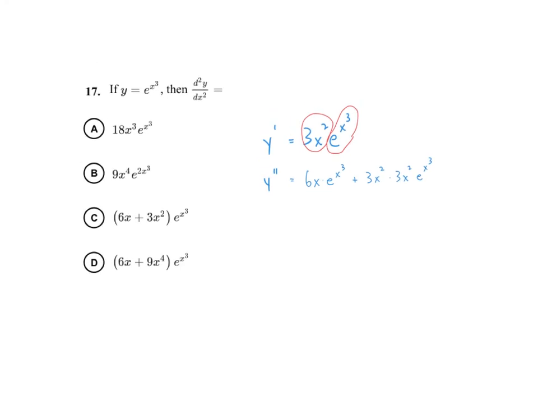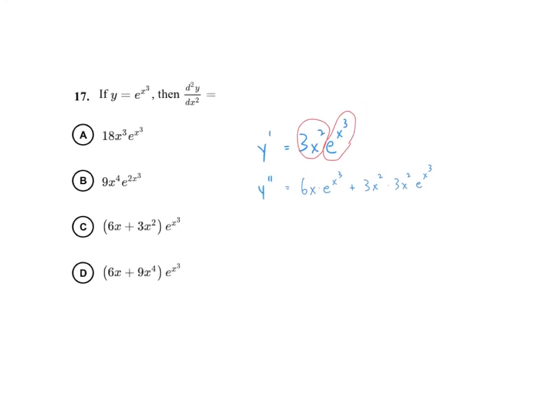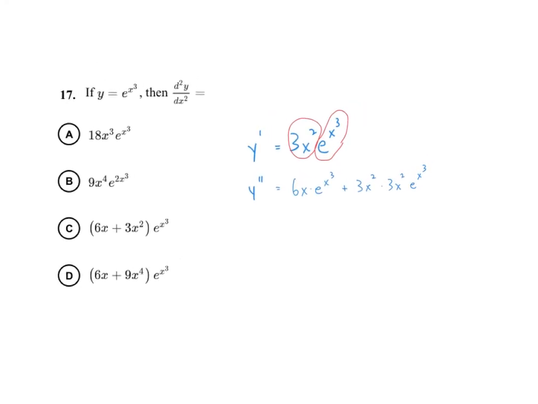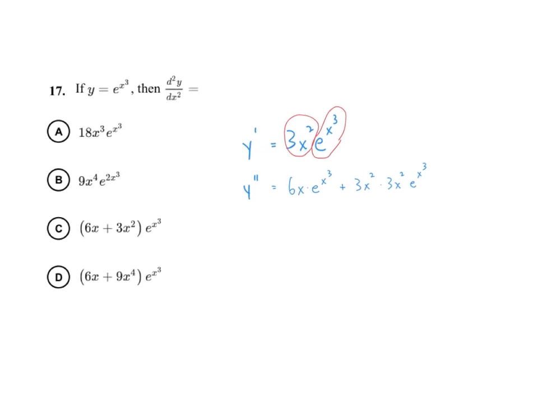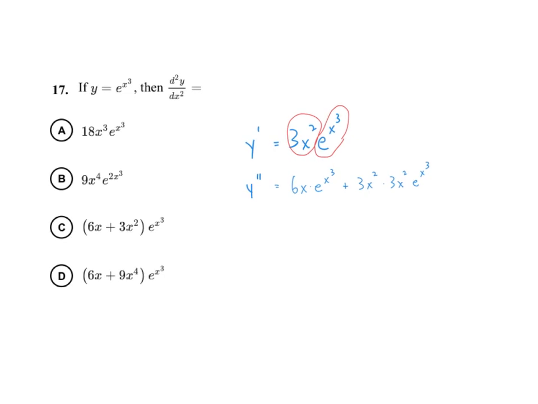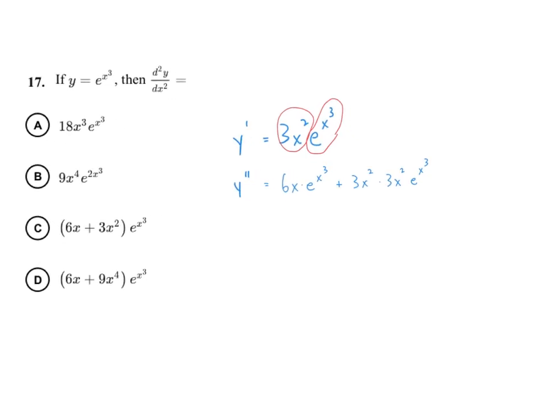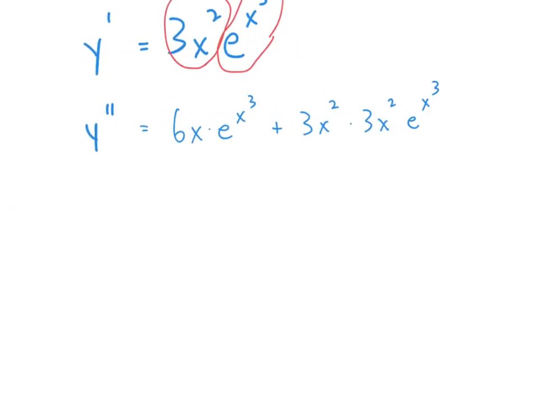And then we'll look at the answer choices. And then notice how none of the answer choices... Oh, whoops. Wait, what am I talking about? Let's factor this out. Here, let's simplify this and factor this, actually.